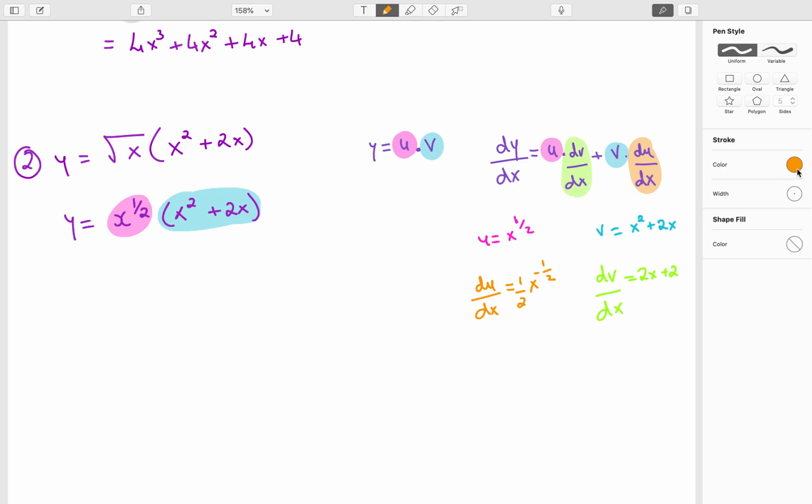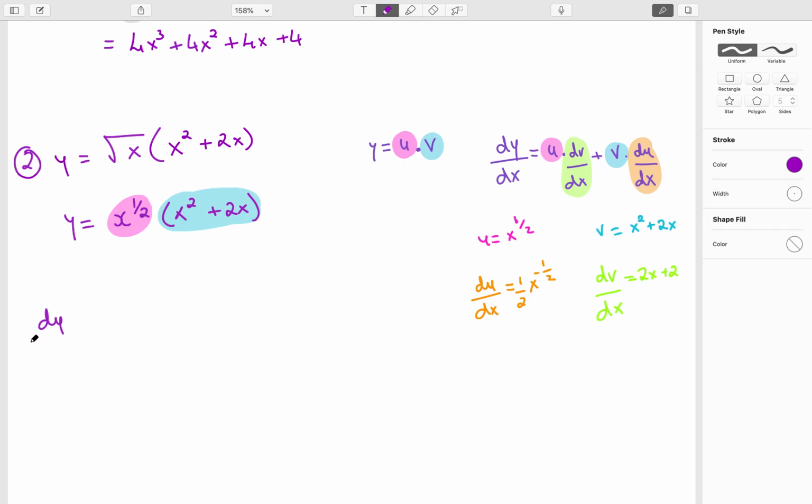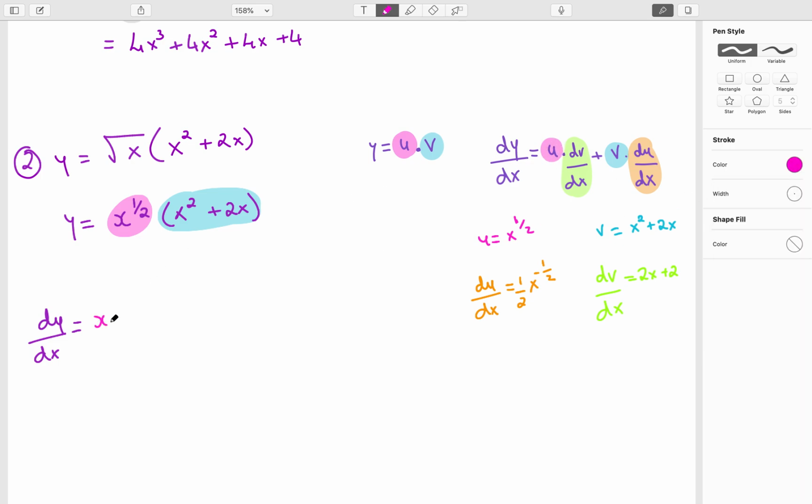And what we do then is we start to assemble our final answer here. So we start to put in our u, and remember u was x to the power of a half.